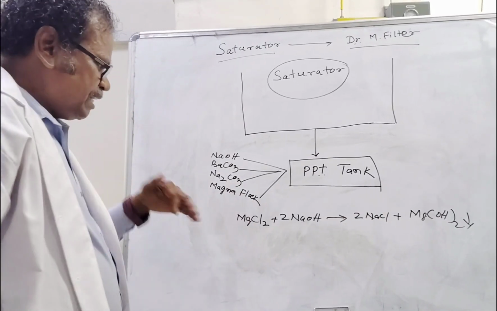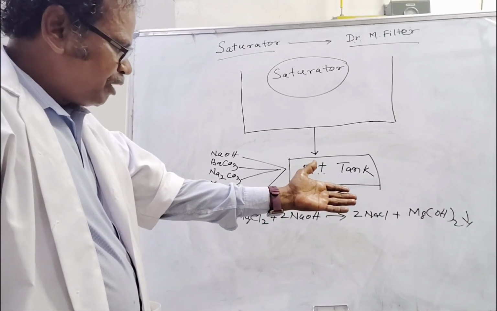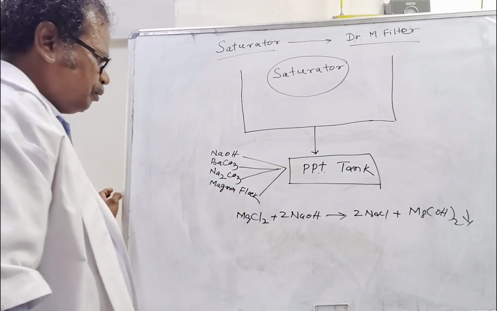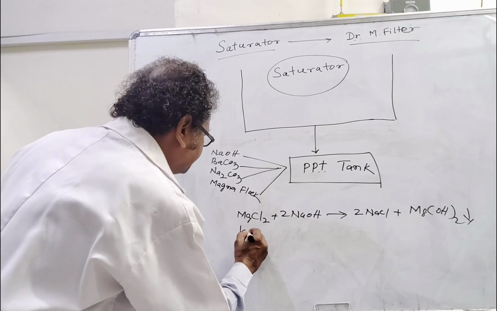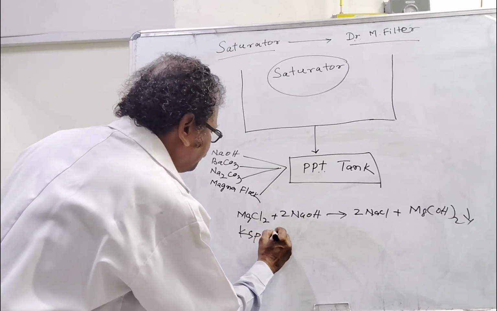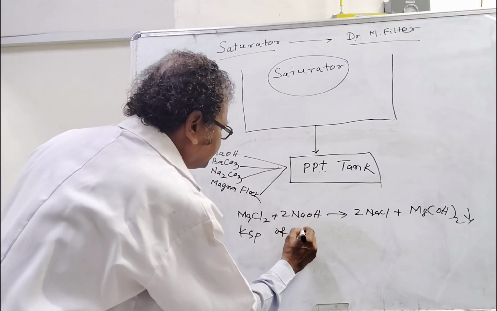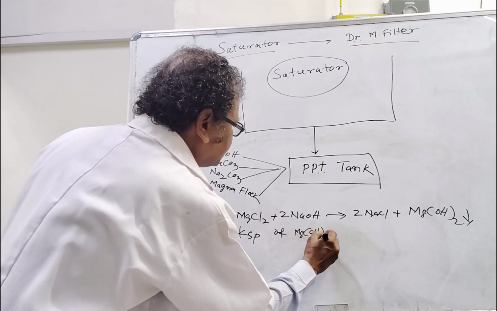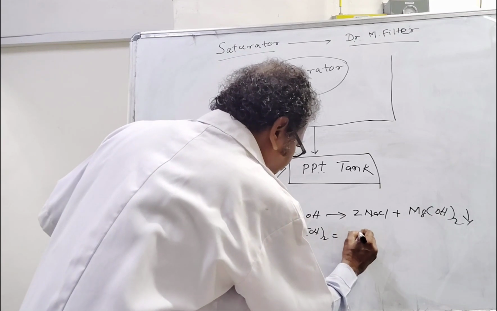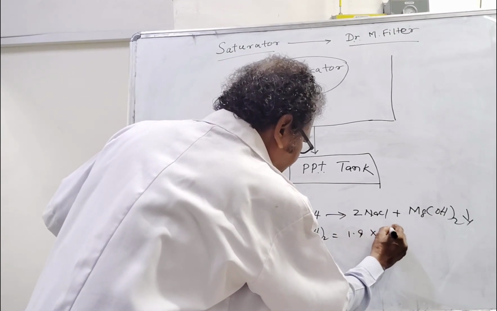The Ksp value of magnesium hydroxide we will find out. The Ksp value of magnesium hydroxide is 1.9 into 10 to the power minus 11.